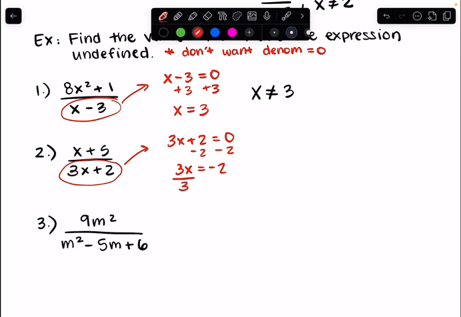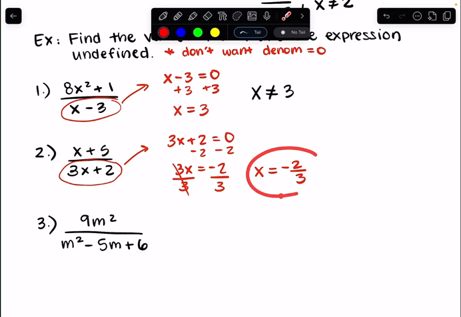So now we divide both sides by 3, and x equals negative 2 over 3. If I were to take this value and plug it into our original expression, you're going to get a 0 on the bottom. So your x cannot equal negative 2 over 3.